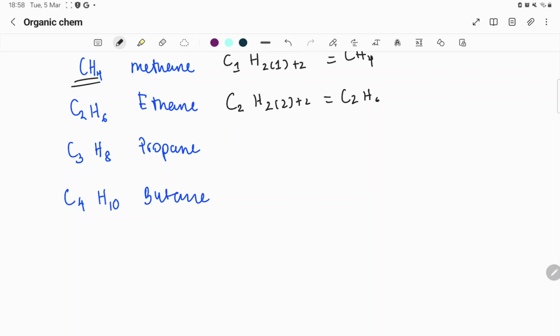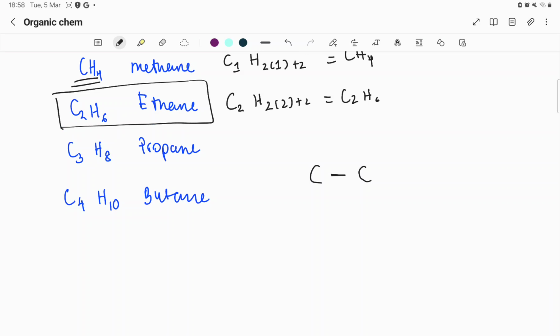Well, first of all, you're going to draw the number of carbon atoms that are in the compound. So there are 2 carbon atoms. Then you're going to draw a single bond between them. By the way, I'm doing ethane. After that, you need to surround your carbon atom with hydrogen.